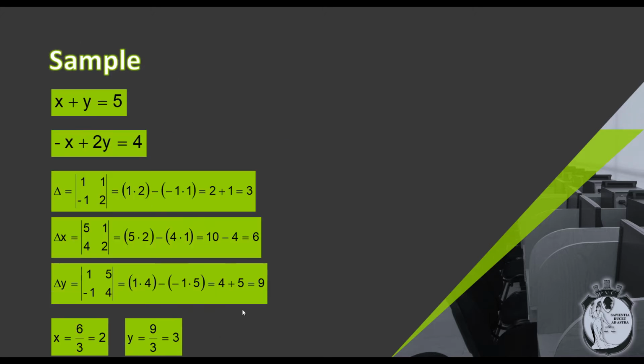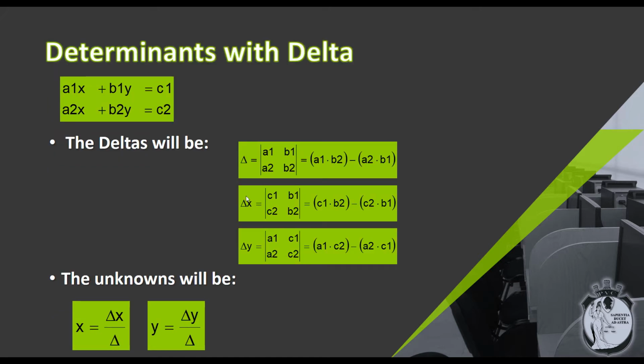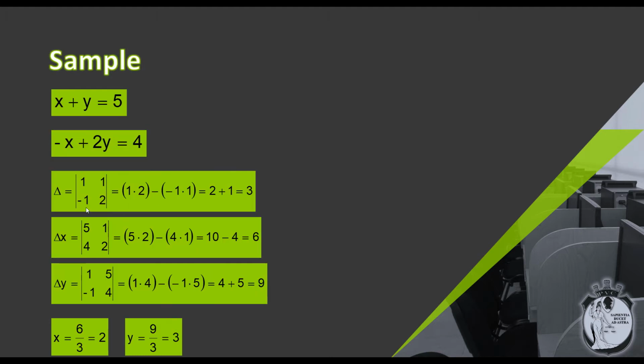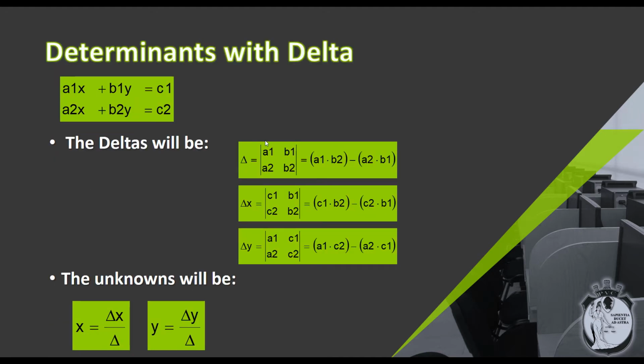For example, here we have this problem: x plus y equals 5, minus x plus 2y equals 4. Remember, you need to use that matrix and that structure. Here is A1, B1, A2, B2.